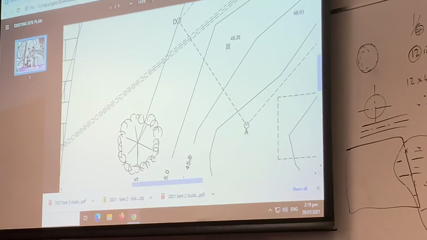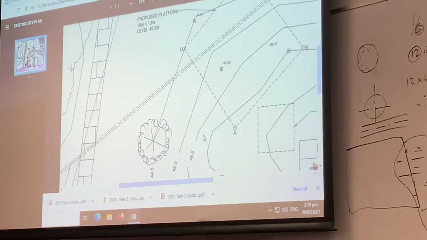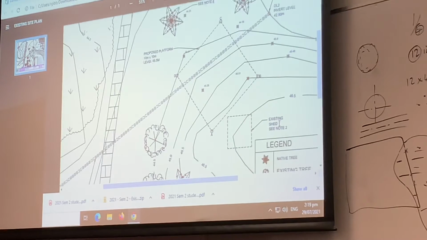They've used 3.5 for the labels. So wrong label height and not joining the labels in. And once again, the existing shed that's being removed is all the same dash line. So they've used no imagination, just used one line type, and they've set their LT scale and gone, that'll be no problem at all. But here's one of the worst ones.